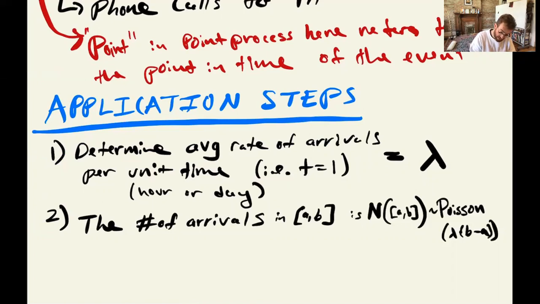And so that's just we might call this the probability in our first interval.